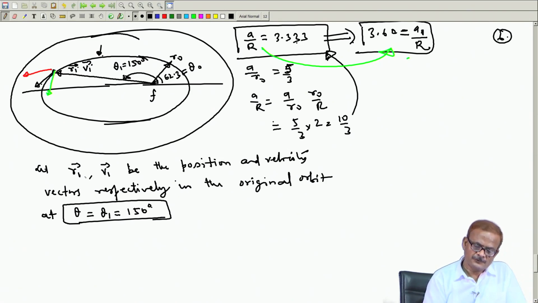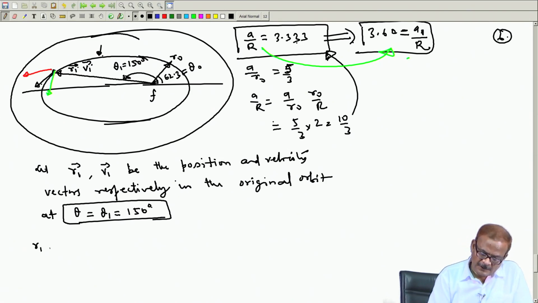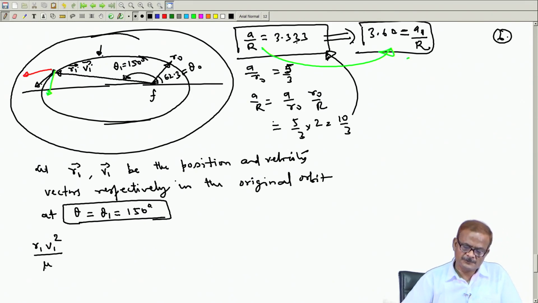Okay. So, we need to find out first r 1 v 1 square divided by mu at this position, what this value will be.